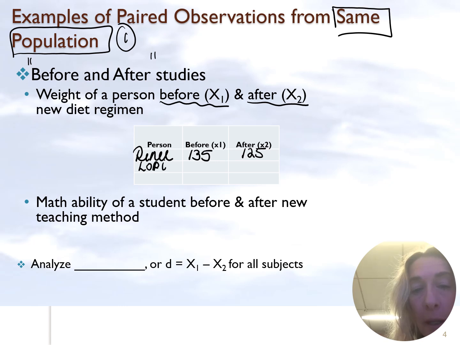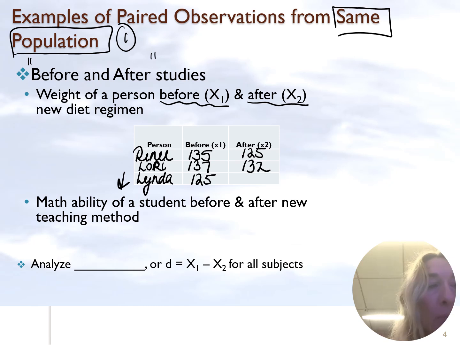This person's name is Lori. Her measurements again are taken both before and after application of the treatment. And let's say there's a third person, as well as others, Linda. Weight measured both before and after the treatment.